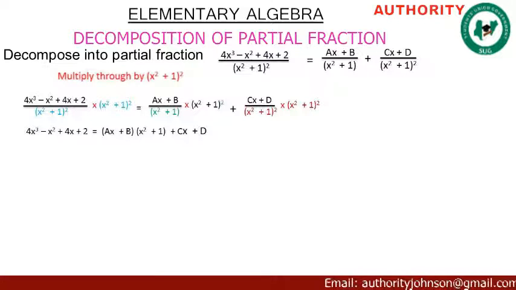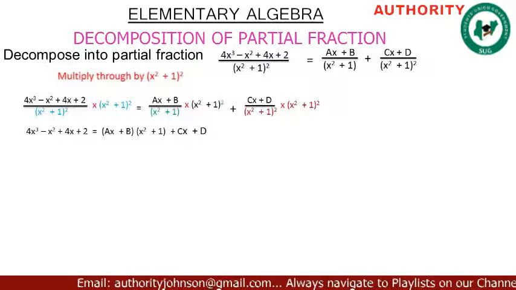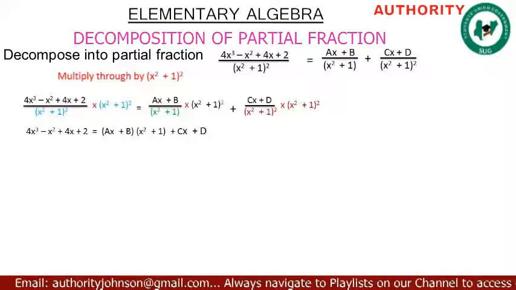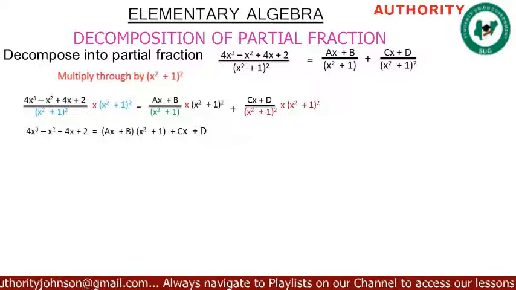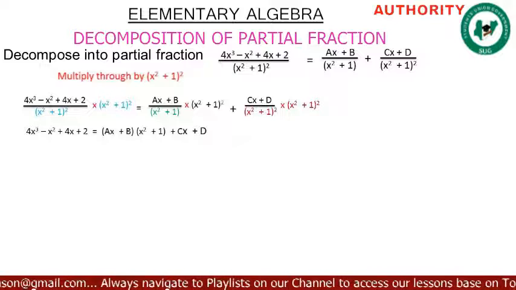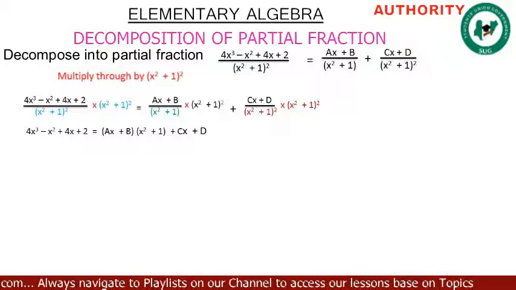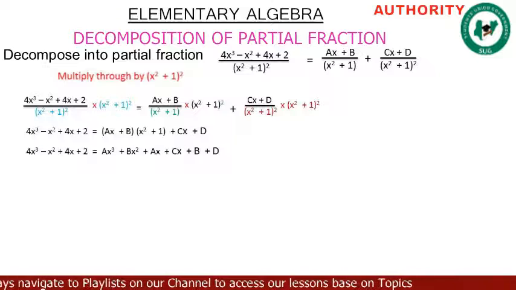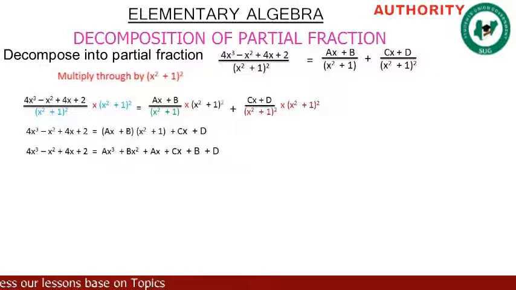We cannot set any factor to 0. We're going to use comparing the coefficients to obtain our values. So in this expression, we're going to expand everything. When you expand this, you are going to have 4x cubed minus x squared plus 4x plus 2 equal to ax cubed plus ax plus bx squared plus b plus cx plus d.